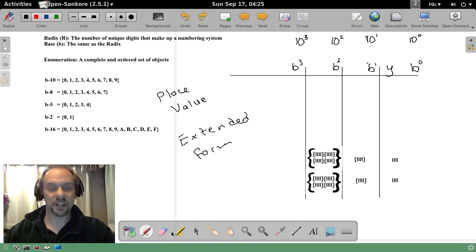And extended form works like this. We take whatever number we have in the column, multiply it by the positional value, and each column is added together.